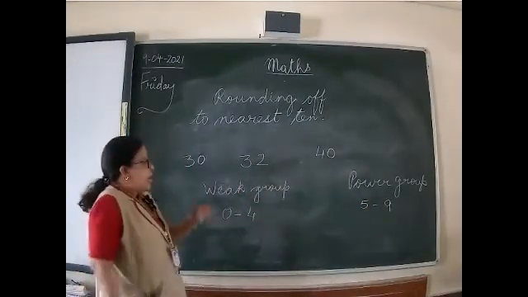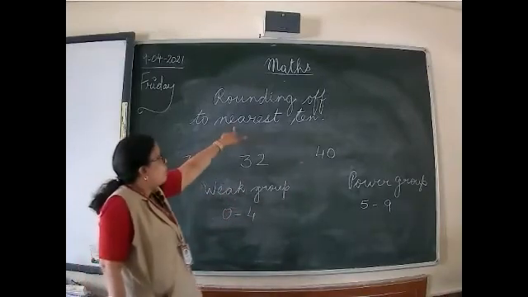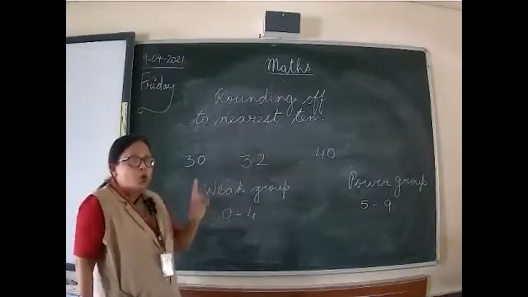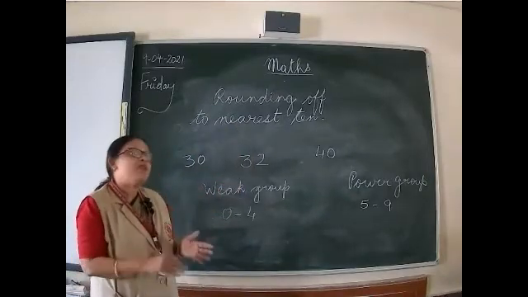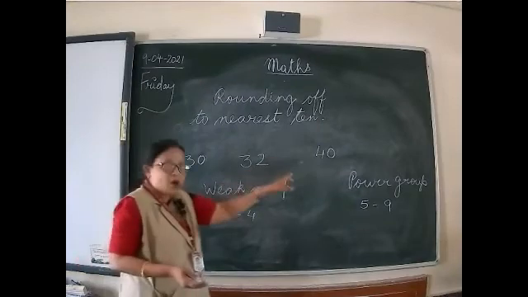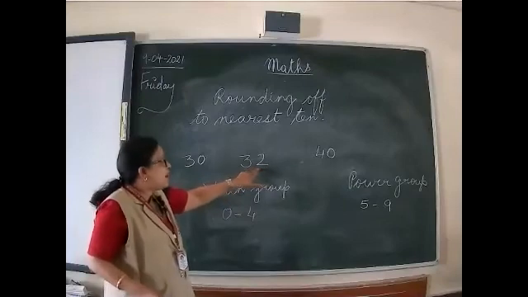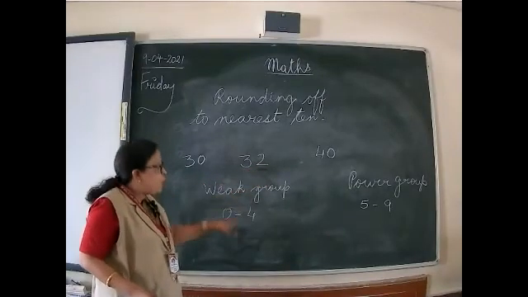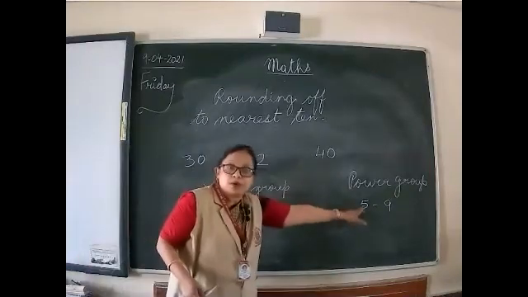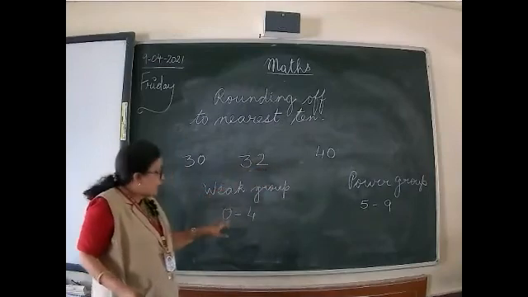Now, you have to round to nearest 10. So you have to pay attention to the place lower than tens. And which place is lower than tens? Ones. So you will pay attention at the ones place, and you will find which digit is there. This digit belongs to the weak group or the power group. Now this number 2 is coming in the weak group.